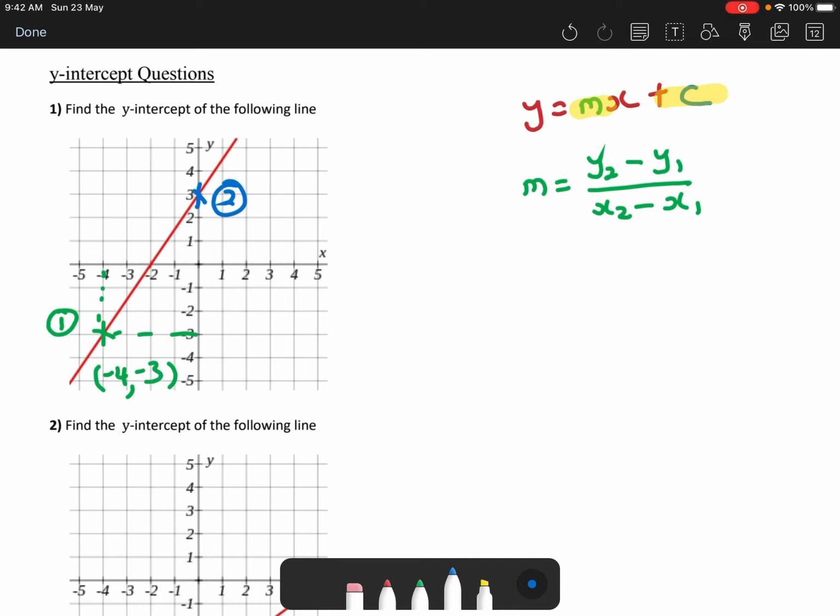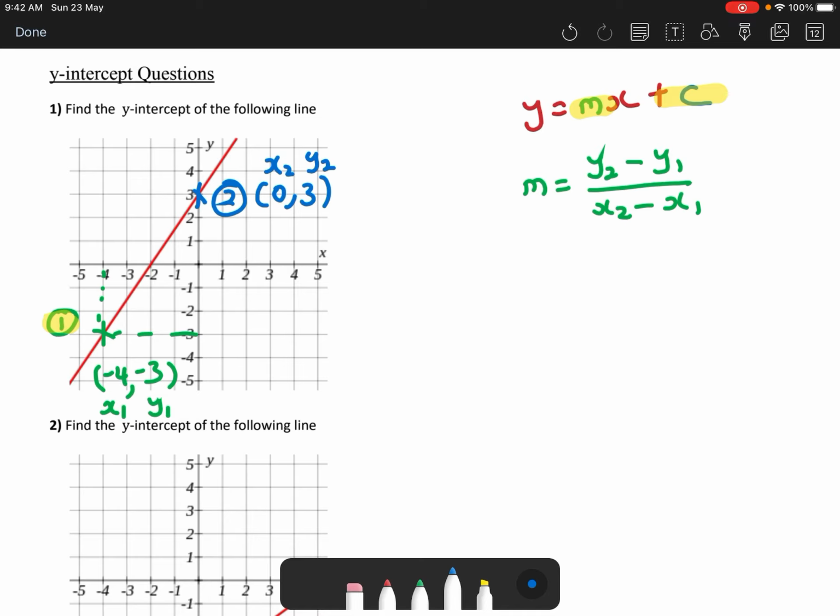And point number 2 will be 0, 3. Next, I will write down x1, y1, because I say that this is point number 1. Then I will write down this as x2, y2. Okay, then next I'm ready to substitute in.